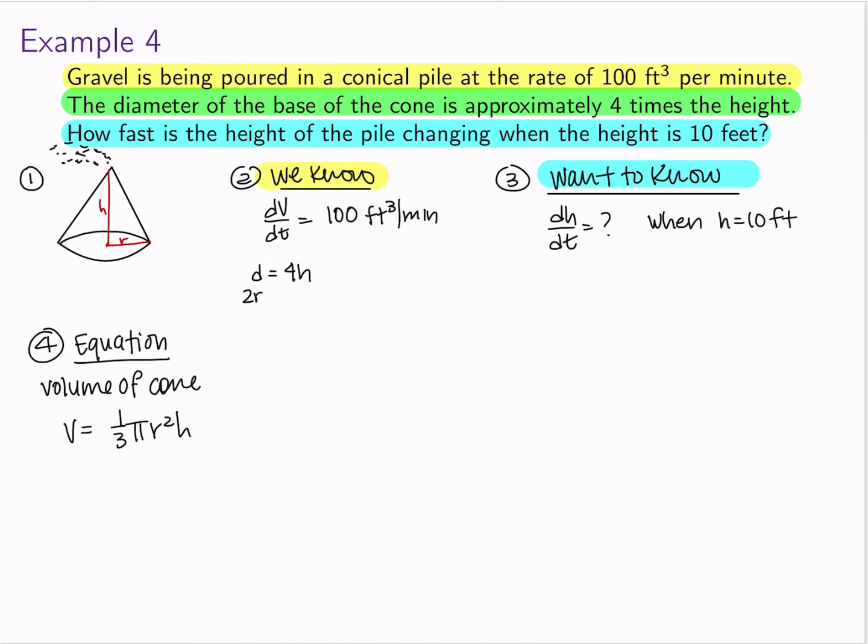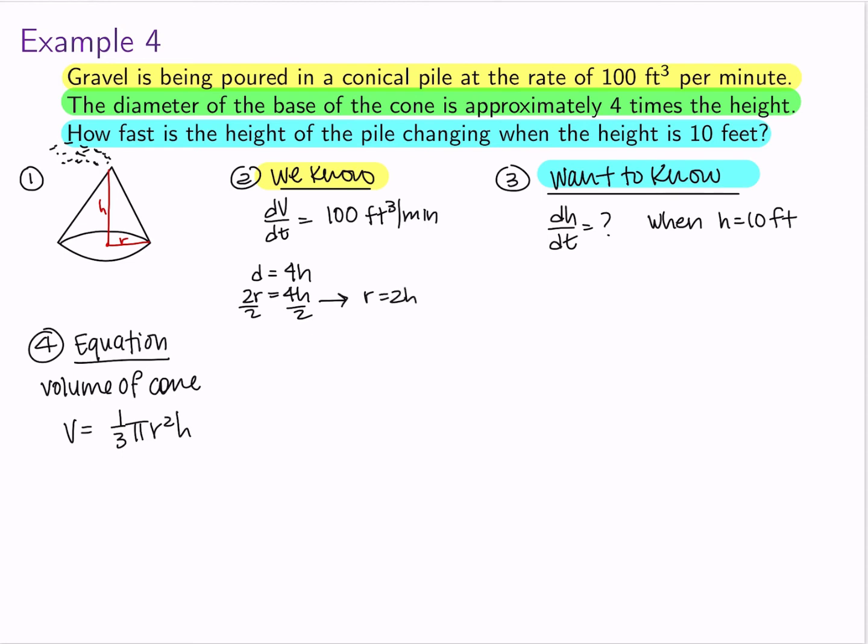So I'm going to say 2 times the radius is 4 times the height. And if I look down here, I want to get rid of this R because I don't really know what's going on with it. I need stuff about H's derivative. I know things about V's derivative. I need to get rid of this R. So I'm going to replace it here. I'm going to solve for R. So if I divide by 2, this tells me that R is 2H.